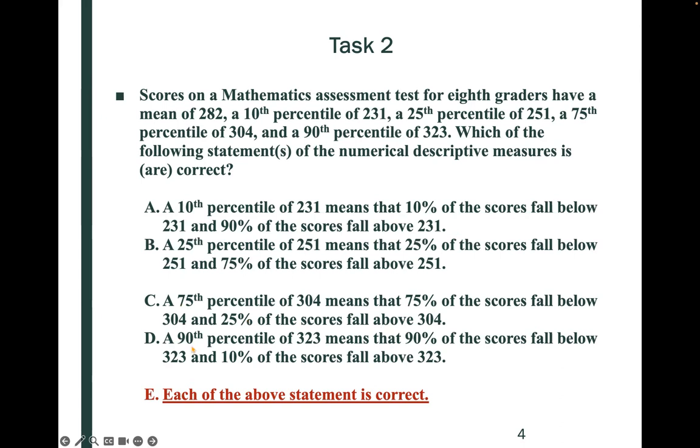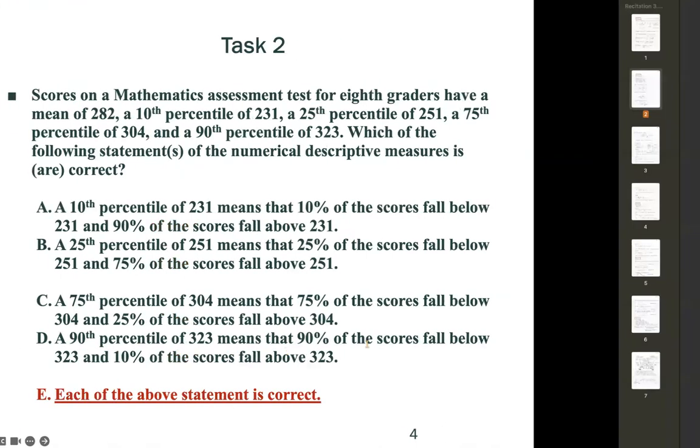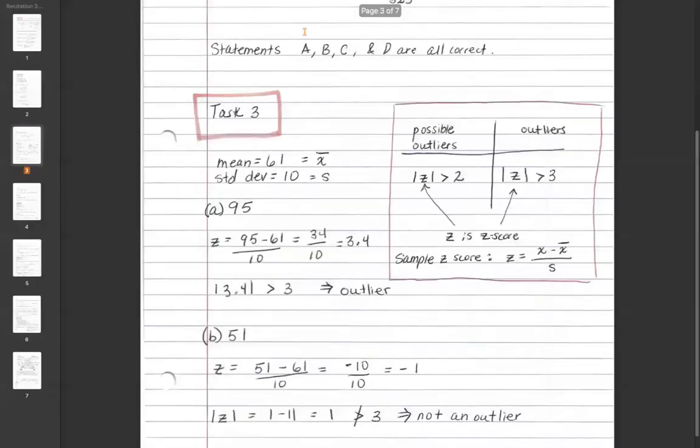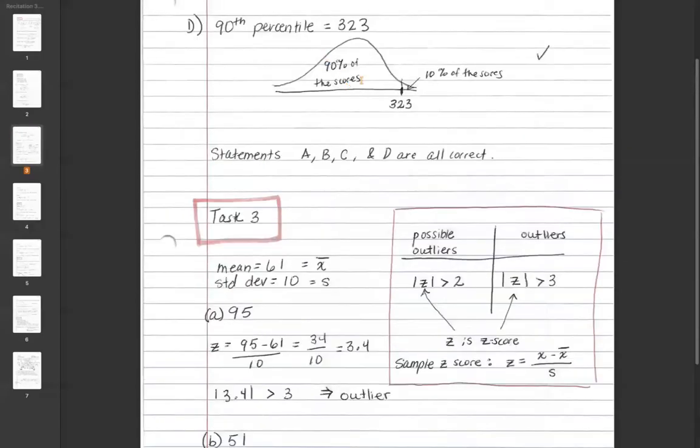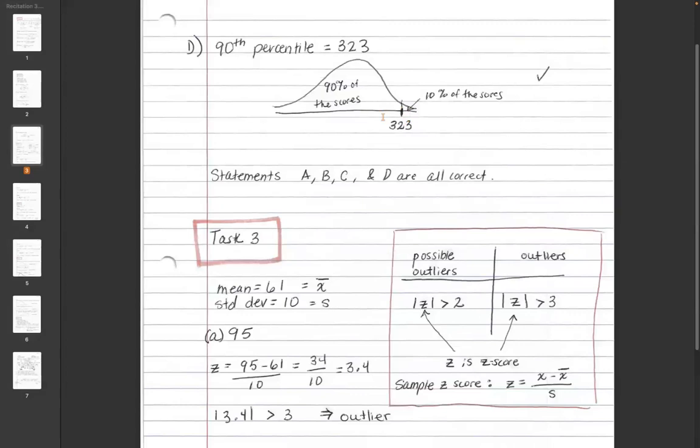And then lastly is D, a 90th percentile of 323. Here I'm going to plot 323. That means 90% of the scores are going to be below 323, and 10% of the scores are going to be greater than 323.